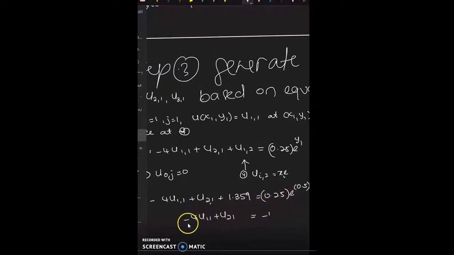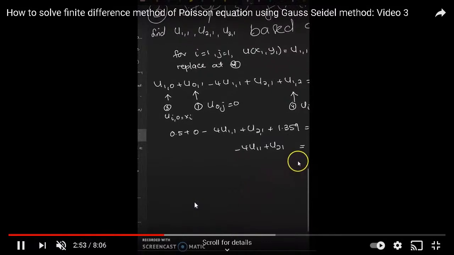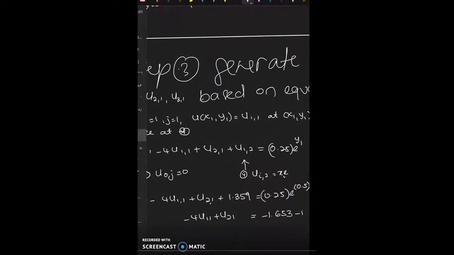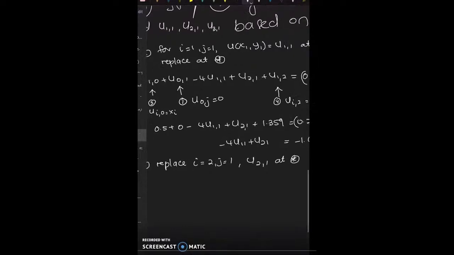So you have a real number, bring all the real numbers to the right hand side. So you will get 2 points here, U11 and U21. Keep them inside because we want to generate another linear system when i is equal to 2, j is equal to 1. All right. So this is a point at the center.